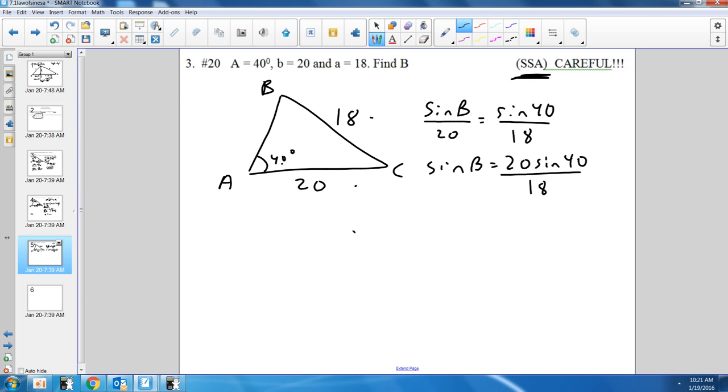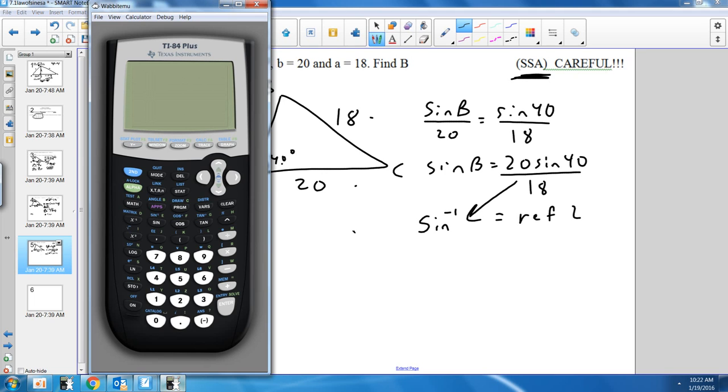Then I want to do the inverse. So it's going to be the sine inverse of whatever that is equal to my B? No, it's equal to my reference angle. And that's where I have to be careful. So I want to go ahead and do that again.